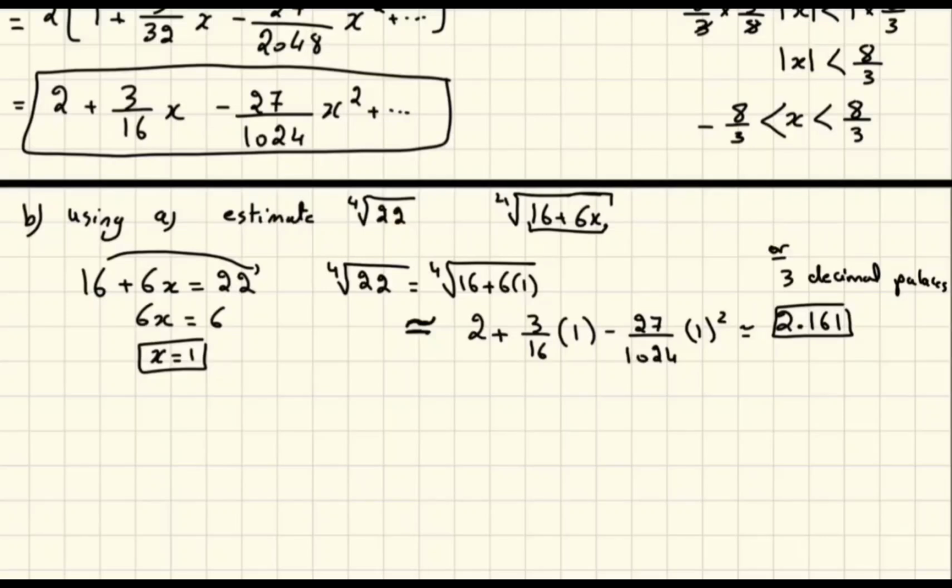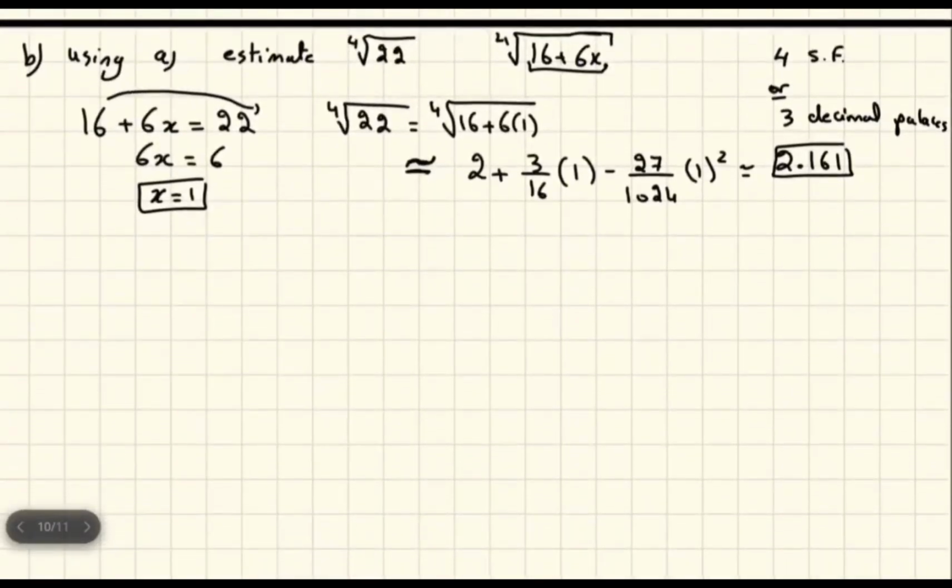Or they might ask you for significant figures. So 3 decimal places in this case is the same as 4 significant figures. Now they might ask one more thing, which is calculate using calculator and estimate to 4 significant figures or 3 decimal places the exact answer.